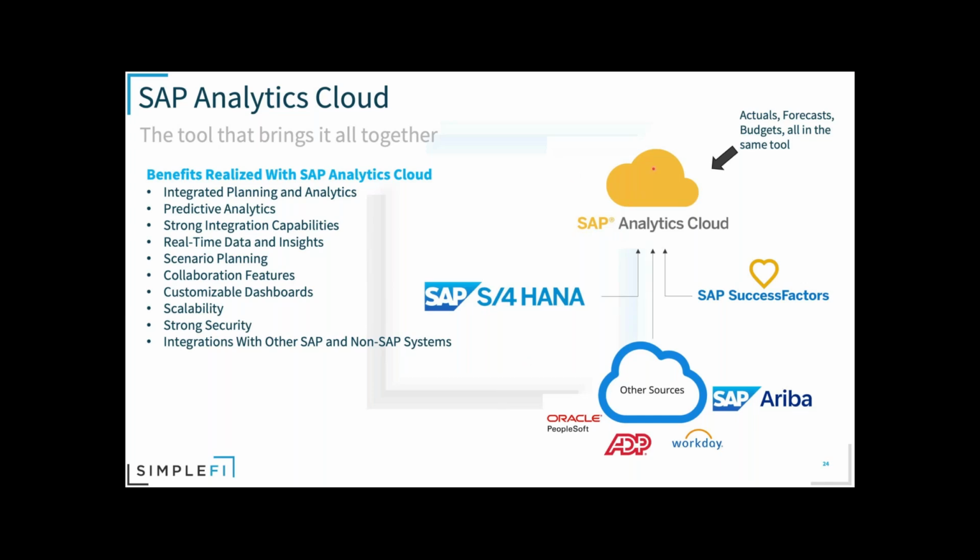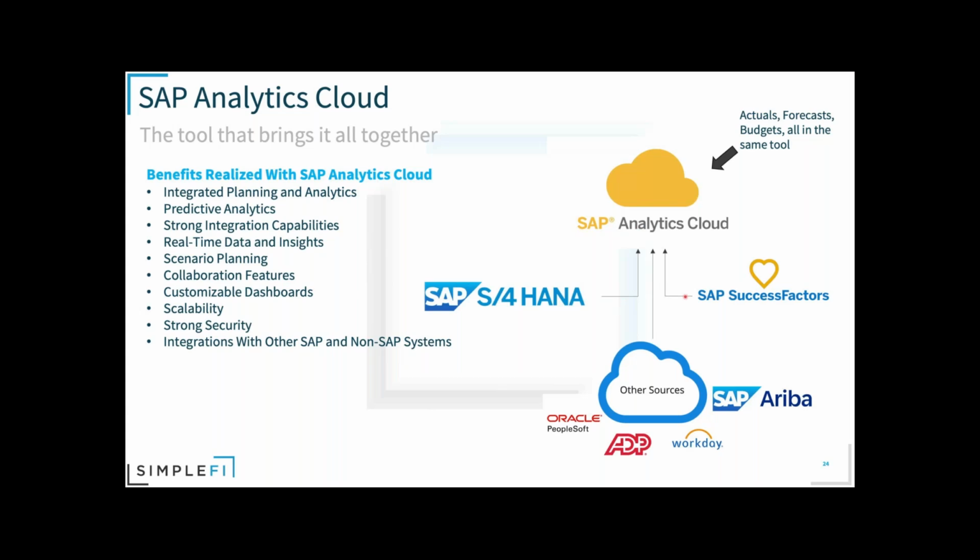But if we look at this graphic here, we look at SAP Analytics Cloud, or SAC, looking at some of the current products here for SAP HANA, and if we look at SAP SuccessFactors from a workforce management piece, SAC works with those very easily.